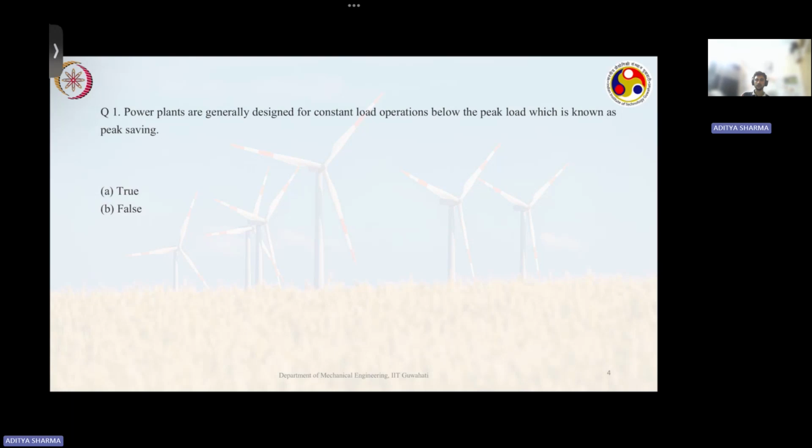So please read the statement and try to think about it. Question number one, power plants are designed for constant load operations below peak load.